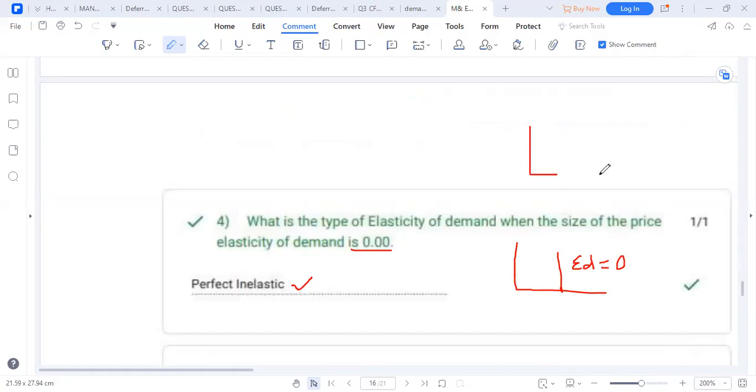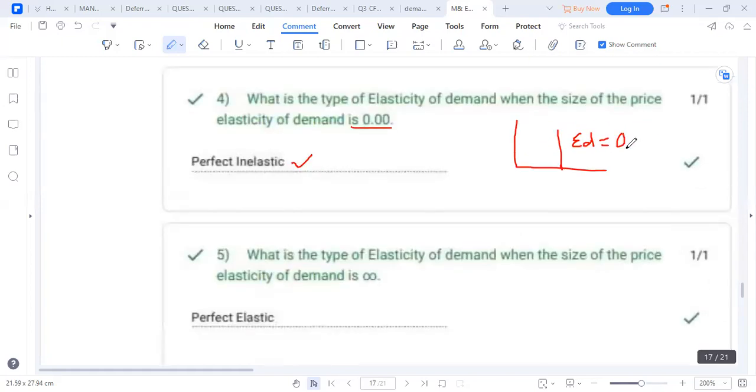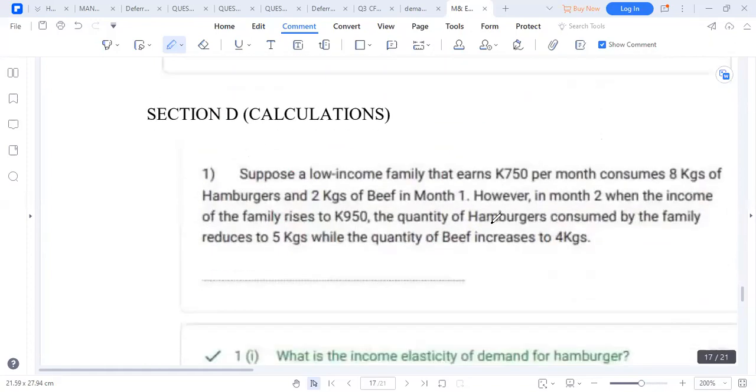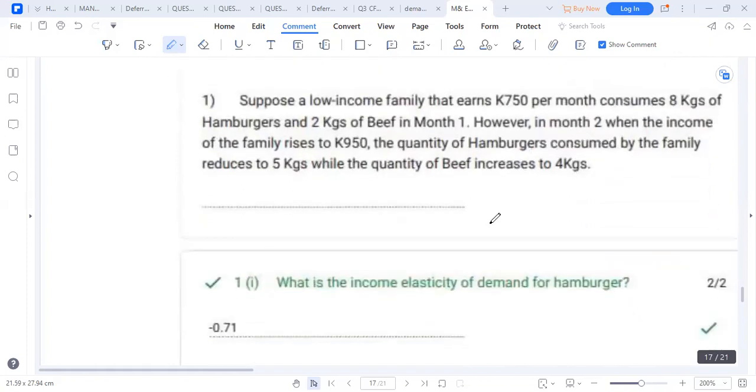When it's like this, it is perfectly elastic. This is when elasticity of demand is too big, it's infinite. What is the type of elasticity when elasticity of demand is infinite? It is perfectly elastic. So in this course, you cannot guess. If you don't know, you don't know.